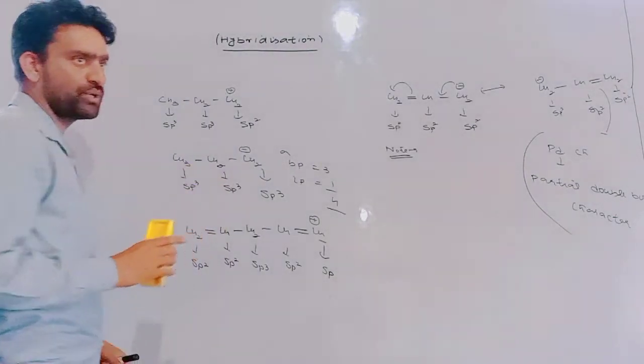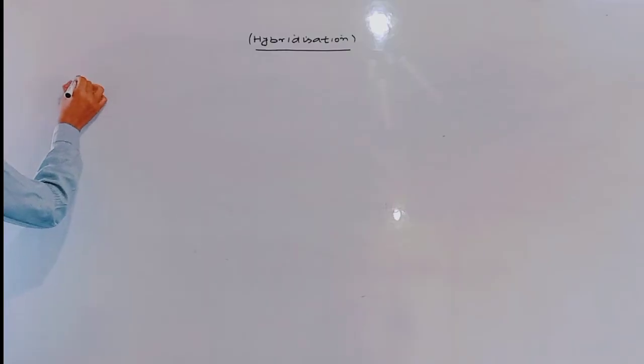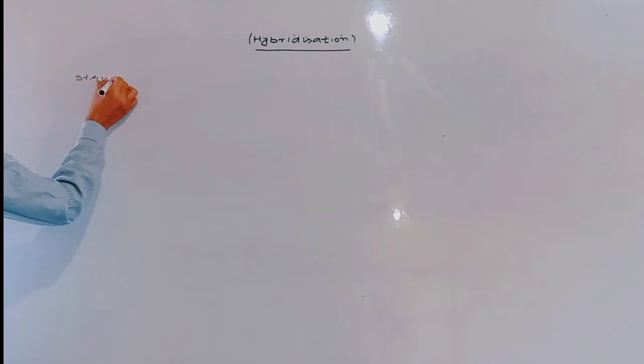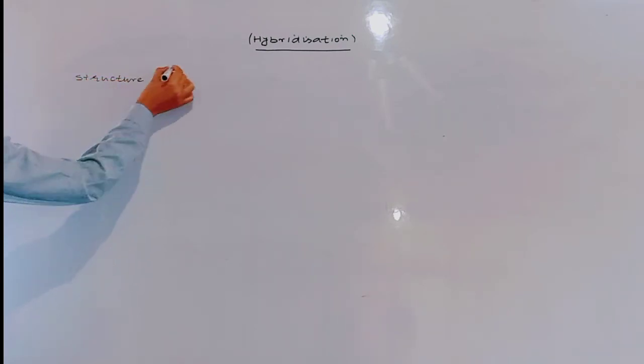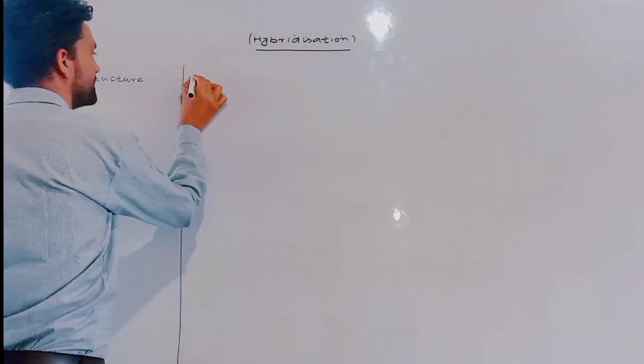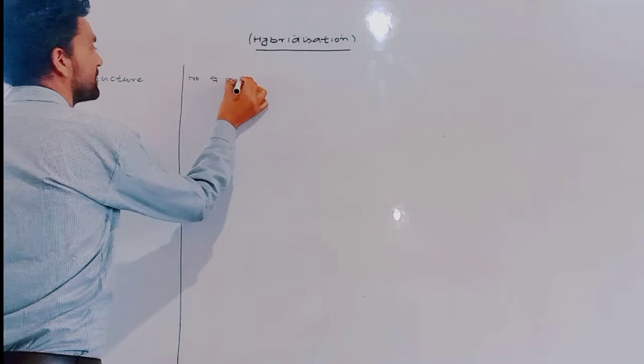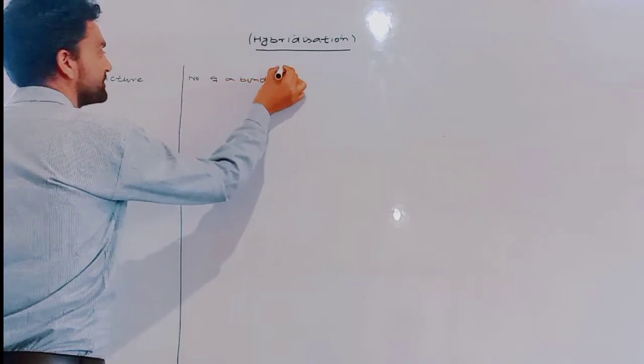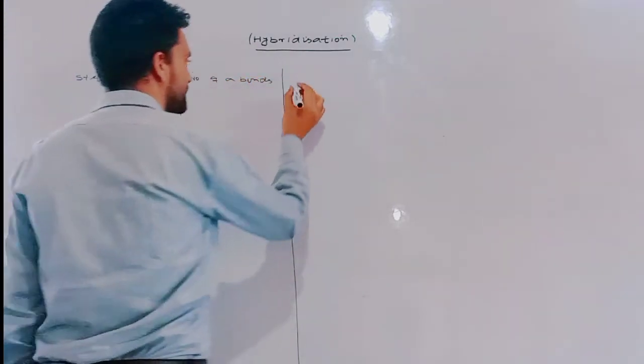Now we will do an exercise on this, right? Structure. In the next column, number of sigma bonds. Next column, number of pi bonds.